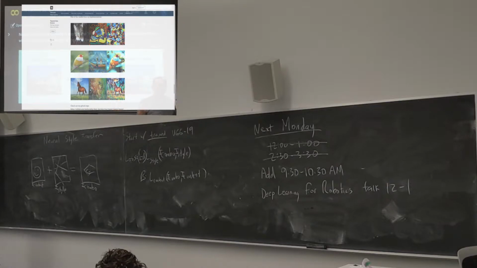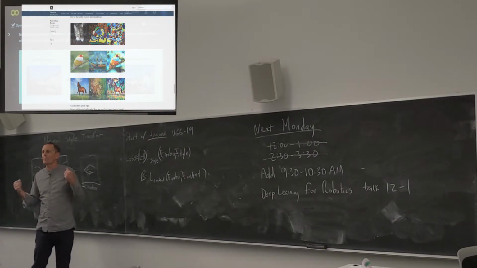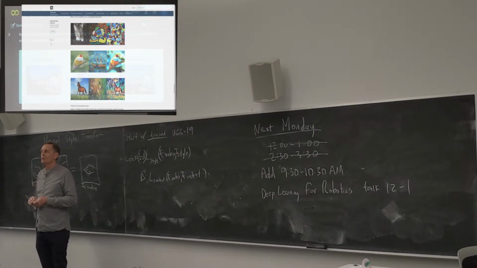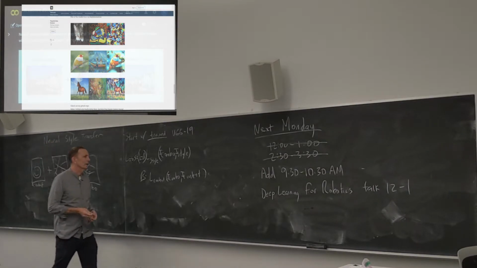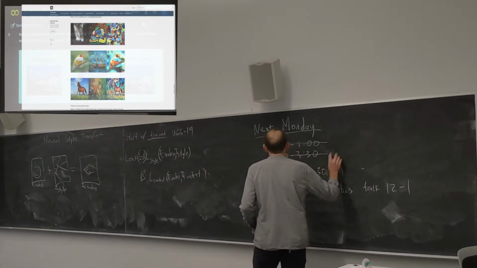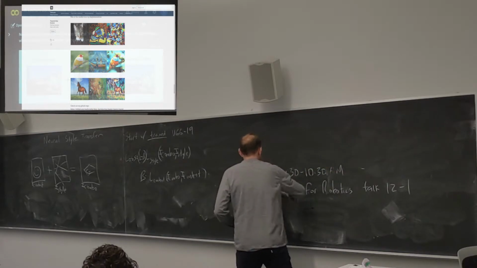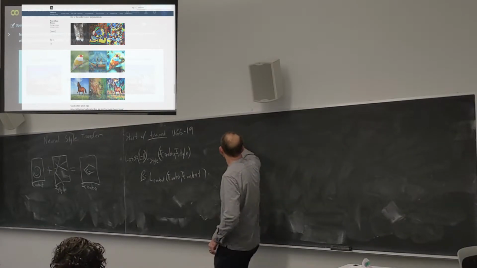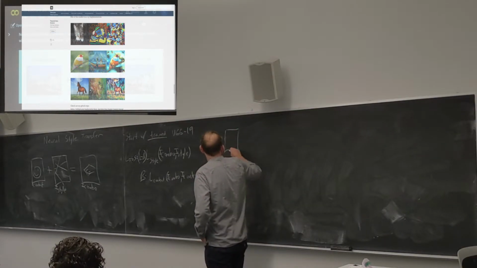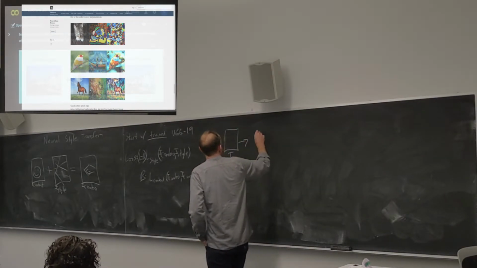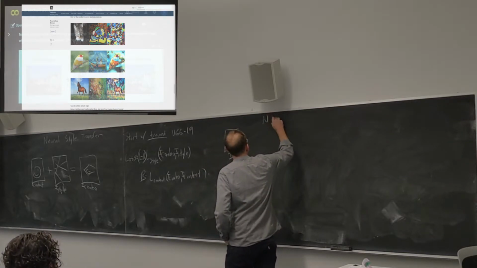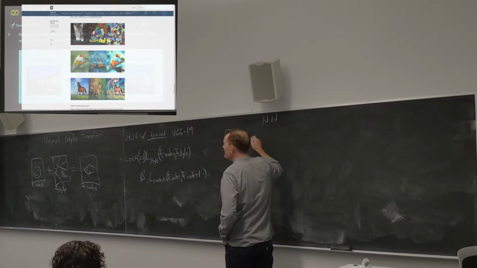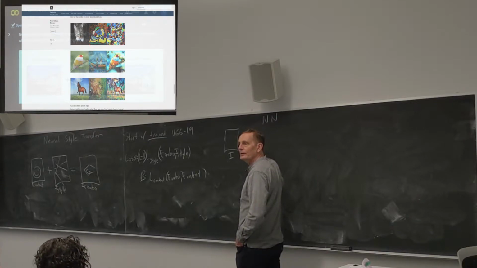Instead, we want something more abstract, some higher level abstraction. And if we look at our neural network and the layers in our neural network, we've got some image coming in, and it basically gets transformed.